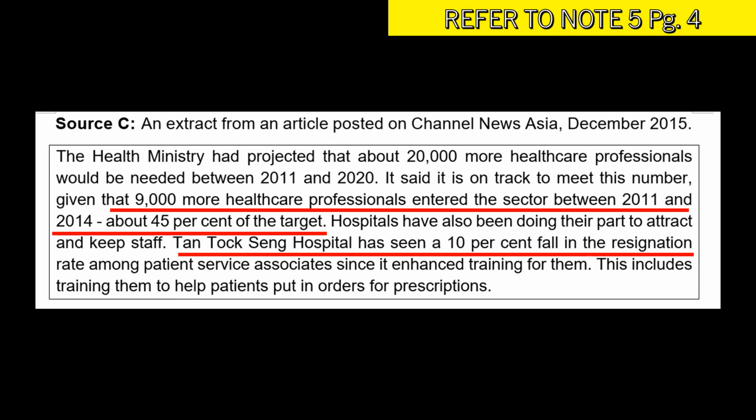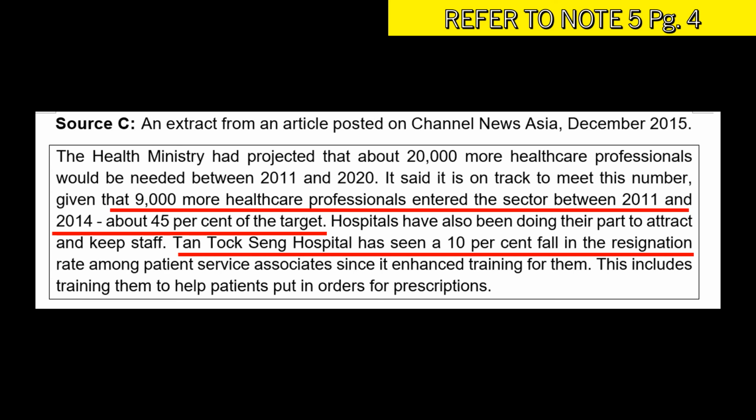Hospitals have been doing their part to attract and keep staff. Remember, we talk about overcrowding. Overcrowding could be the result of there not being enough people working in the hospital. And such an irony: in 2014, you can see in source A and source B, Tan Tock Seng Hospital seems to be overcrowded and understaffed.